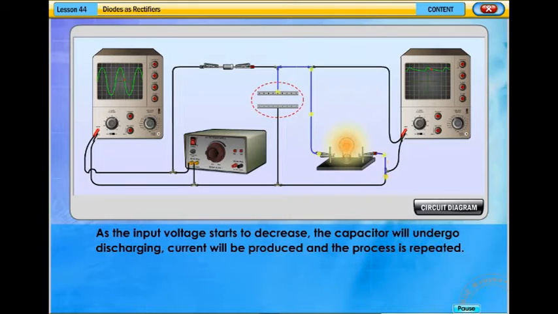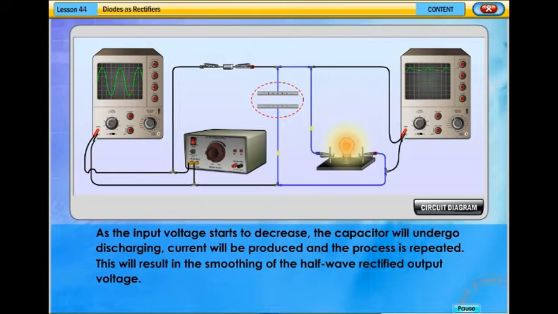As the input voltage starts to decrease, the capacitor will undergo discharging, current will be produced, and the process is repeated. This will result in the smoothing of the half-wave rectified current.